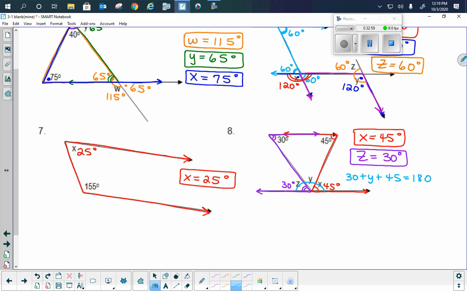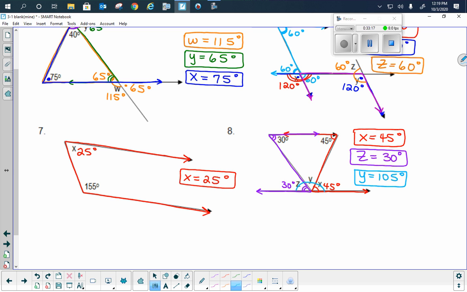So if you do 180 minus the 45 and minus the 30, you will end up with y equaling 105 degrees.